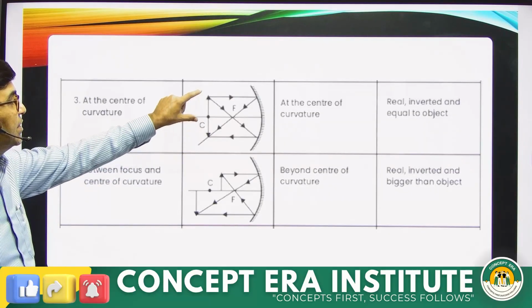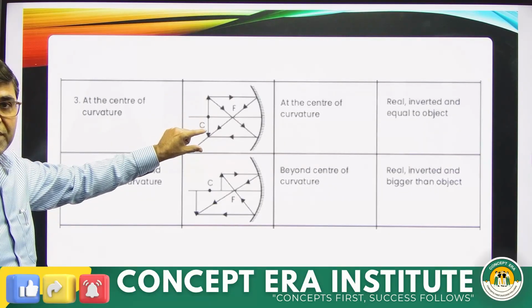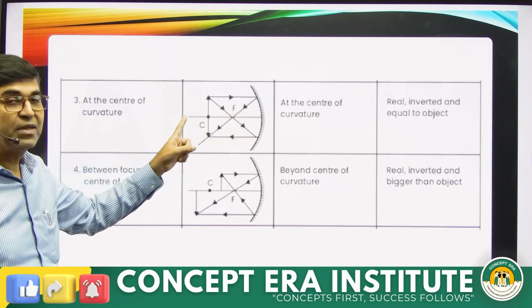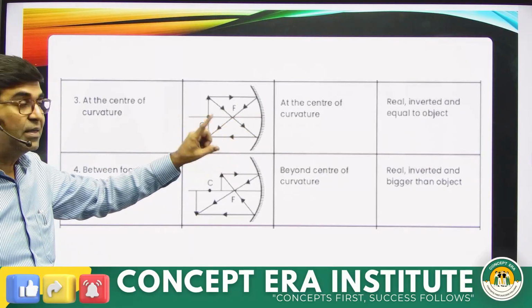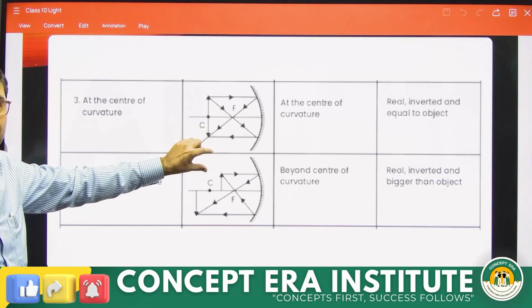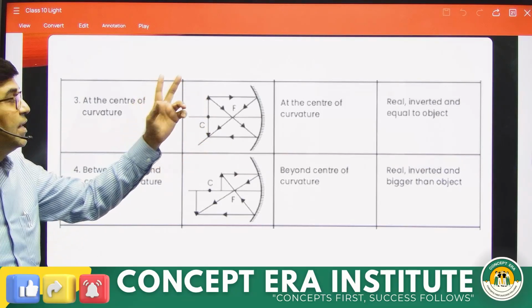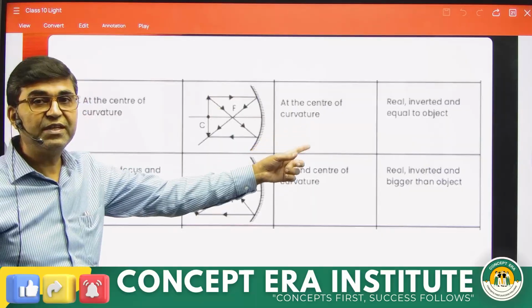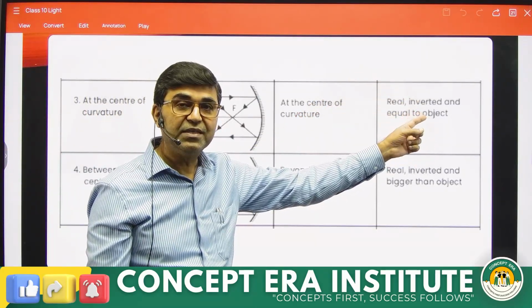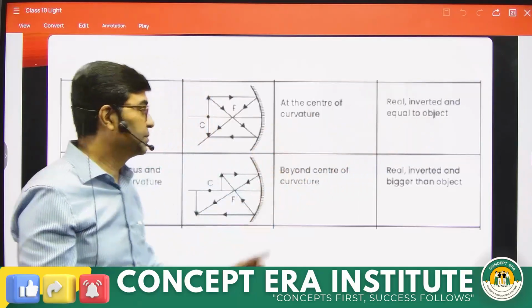In this case, the image is also formed at center of curvature. So the image distance and object distance are equal. Therefore, the size of image and the size of object are also equal. That means we say that image is formed at the center of curvature and the image size is the same as the object.